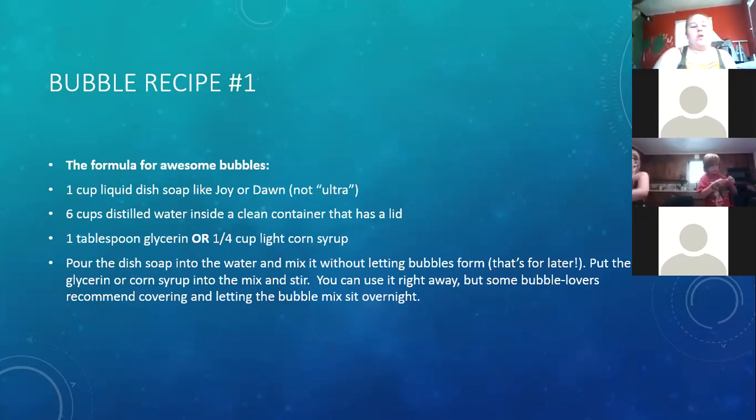And then what you do is you pour it into a bowl or a container, and you can blow bubbles. It does say you can use it right away. I'm using it right away. I didn't leave it covered overnight. But some people say if you want the best results with this mixture for bubble making, you want to let it sit overnight. So that's the first recipe I made.